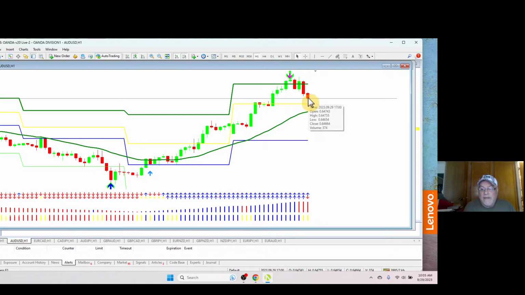Do you believe that? A half a pip, came within a half a pip of my stop. Just a half a pip. Yeah, 92 is needed on the Euro New Zealand. 175.92.